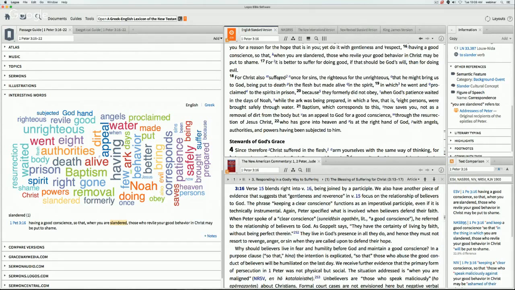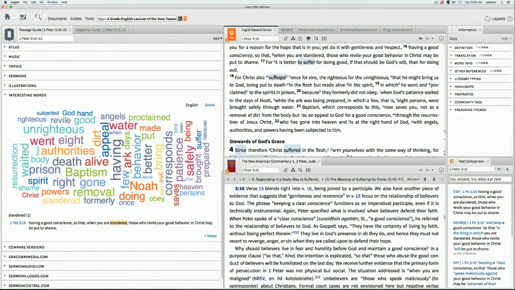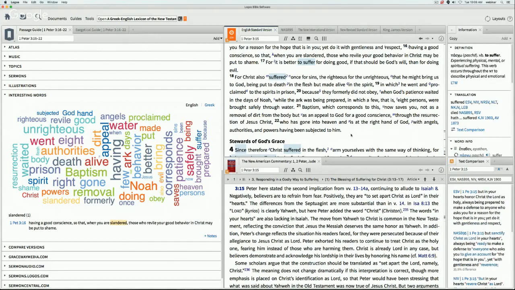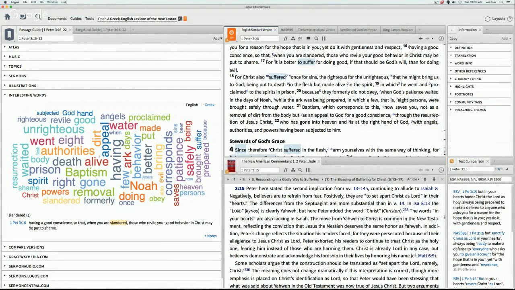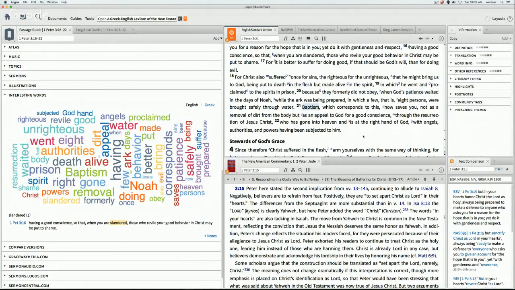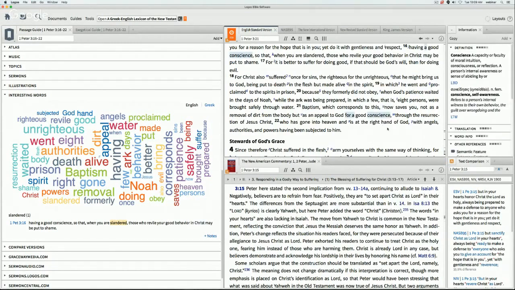And when we click on a word, we then see everywhere else that Greek word appears on the screen. And conscience is the other one that shows up here. So this can be a very useful tool for showing when words are repeated, and then what are some interesting words to look for here.